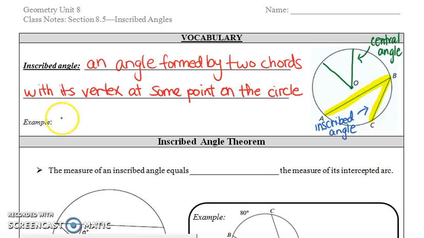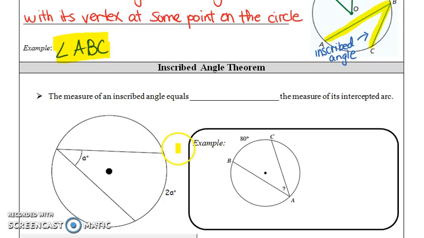So my example would be angle ABC, which I highlighted in yellow in my picture because that is an angle that's formed by two chords with its vertex at some point on the circle.